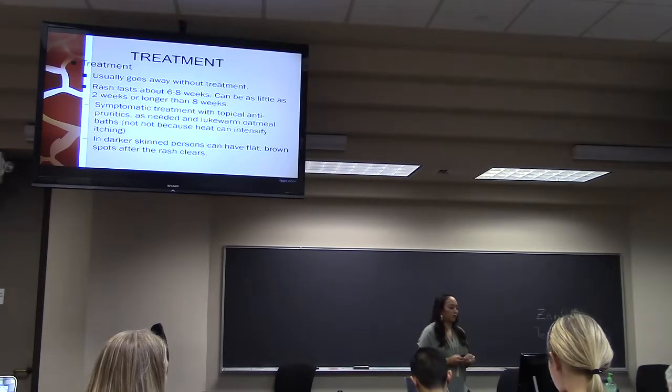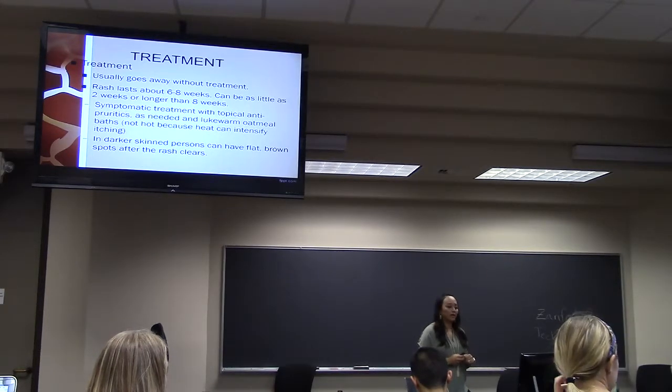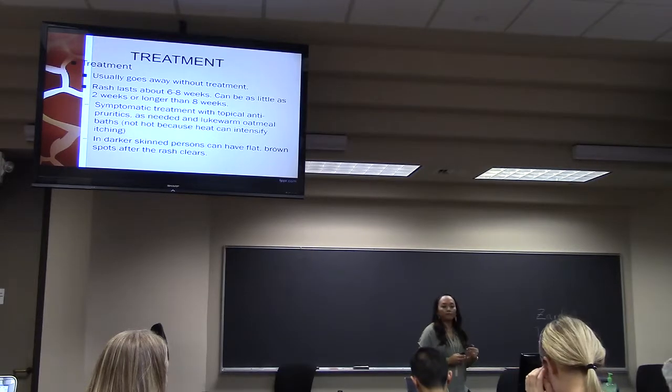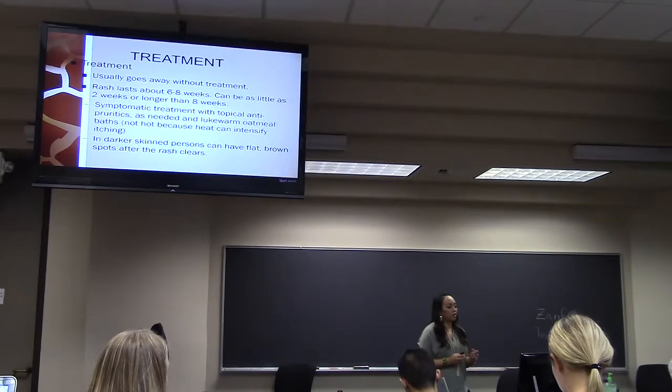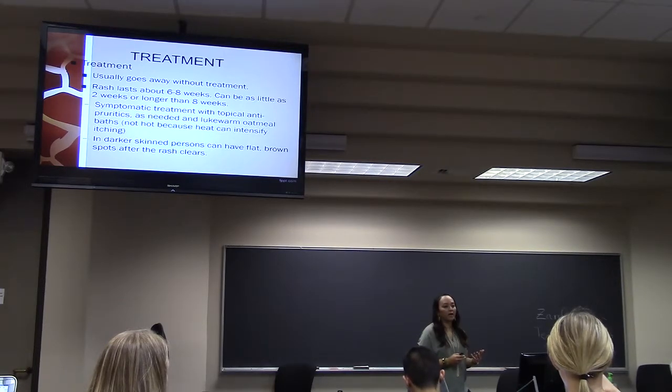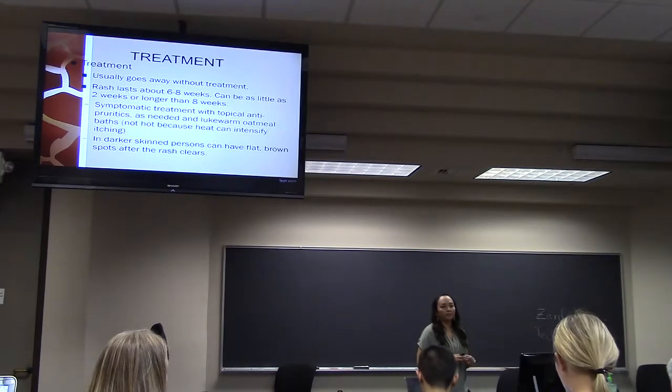Your parents stuck you in oatmeal baths. That will help with itching as well. And once they heal, they can have hyperpigmentation. So in darker skinned people, like myself, if I have a rash or even a scar, I can hyperpigment easily.